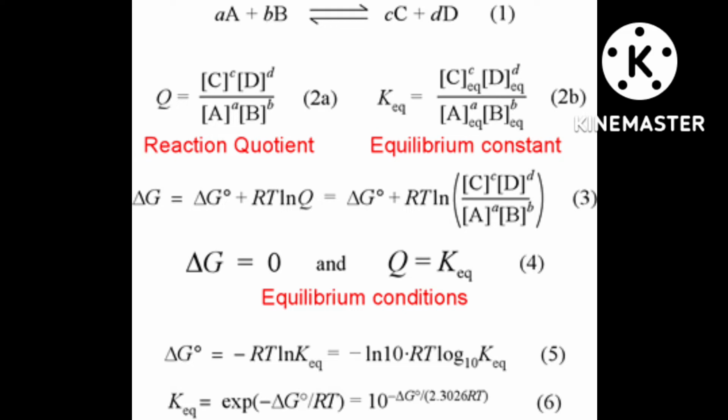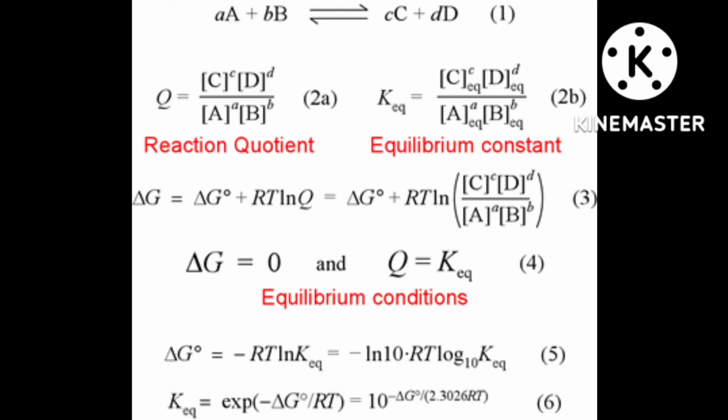And the meaning of standard is standard temperature and standard pressure. I have already discussed this. Standard G has a relation with ordinary G. Ordinary G means G at any temperature.